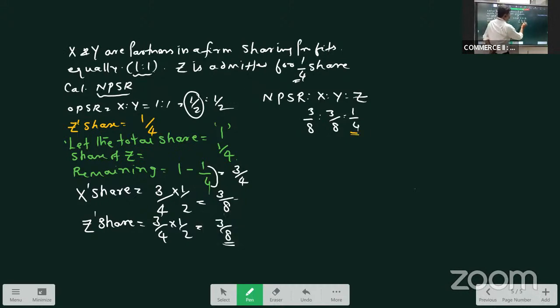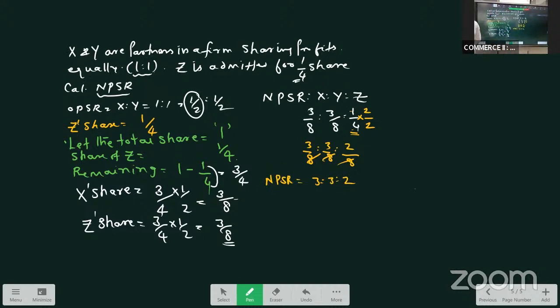Now tell me, 4 को अगर 8 बनाना है, तो multiply and divide with 2. So now 3/8, 3/8, 1 twos are 2, 4 twos are 8, 8, 8, 8. Remove this, eliminate it. 3:3:2. This is the new profit sharing ratio.